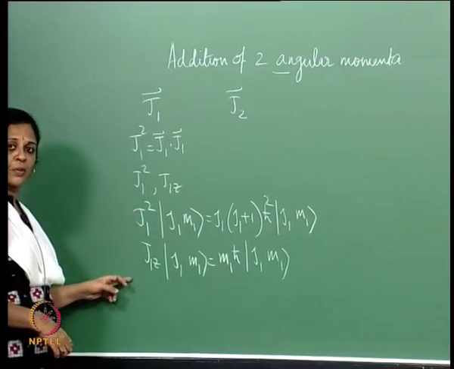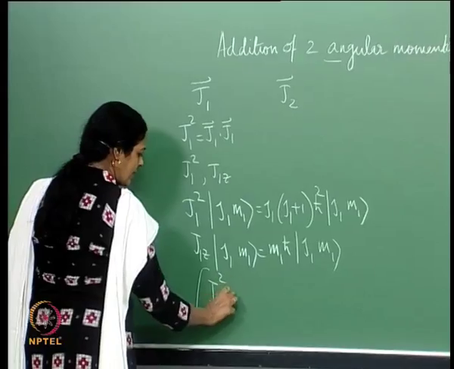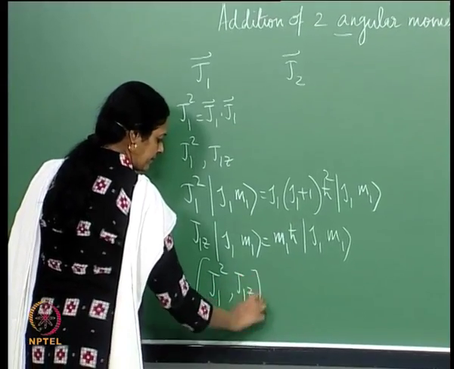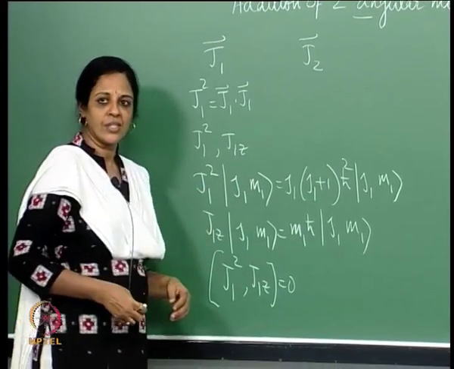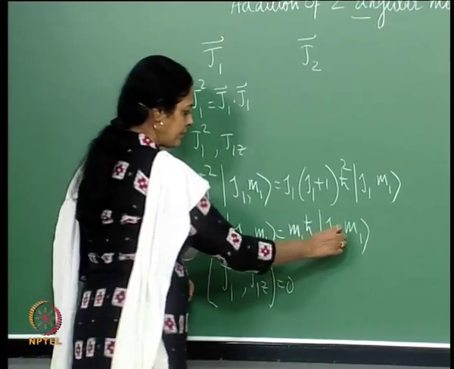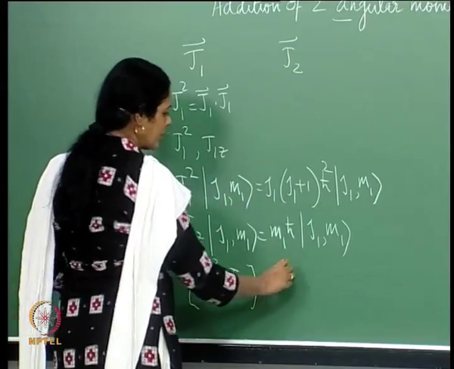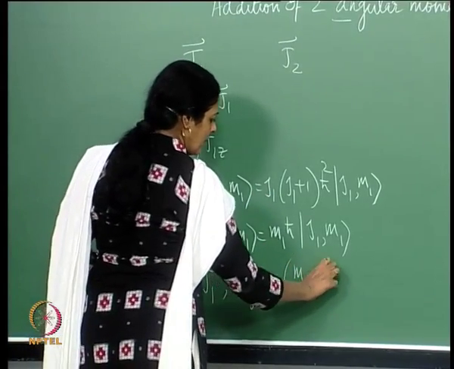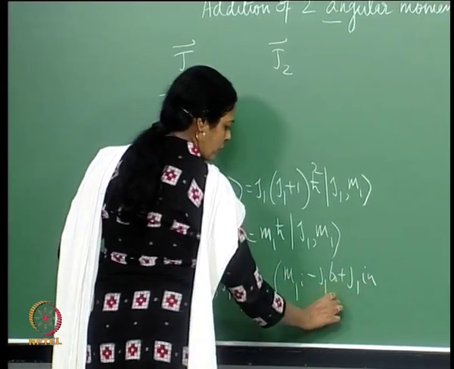So the commuting operators for the first system are J1 squared and J1z, and we can have a complete set of eigenstates labeled by J1 comma M1, with M1 taking values minus J1 to plus J1 in steps of 1.